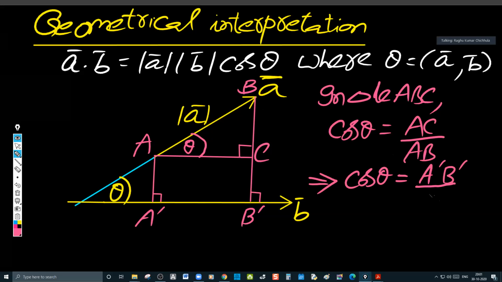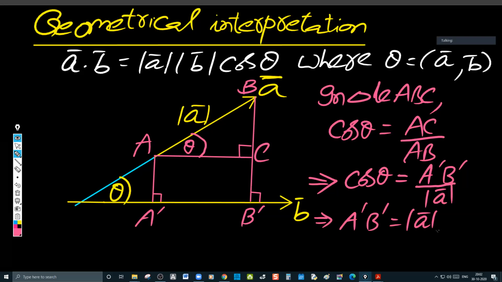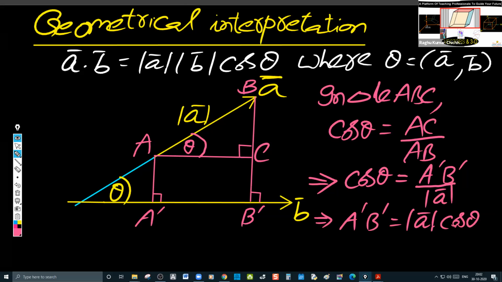Yes, sir. Now, what is A dash B dash here? Mod A bar into cos theta. Correct? Yes, sir. So what is the advantage by finding this mod A bar cos theta?